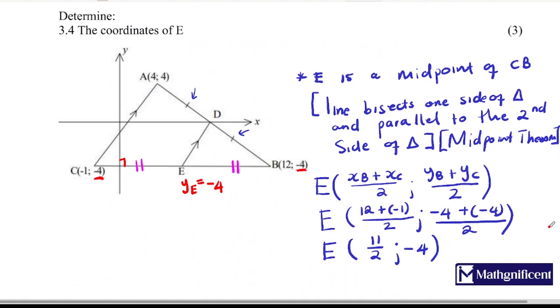-4 as well. So now that we know the y value of point E, which is this point here, what do we know from line DE? Remember that previously we found that the equation of line DE is y equals 8 over 5 x minus 64 divided by 5.